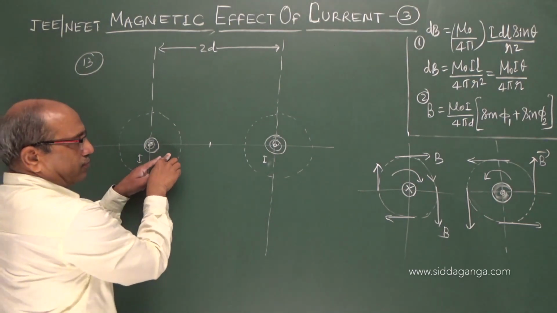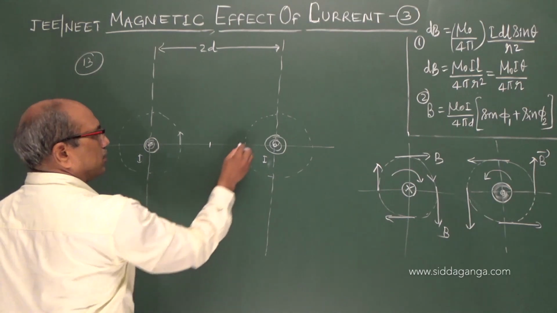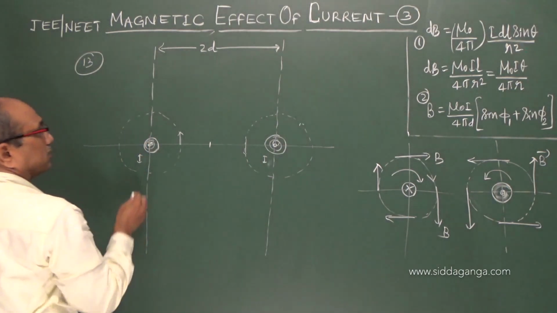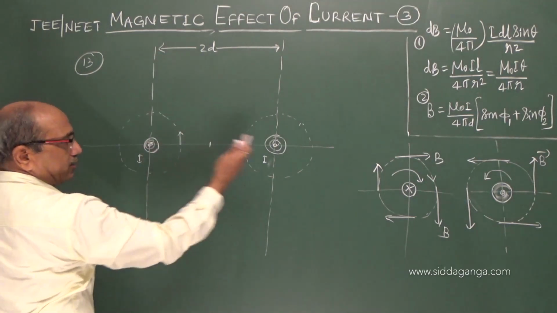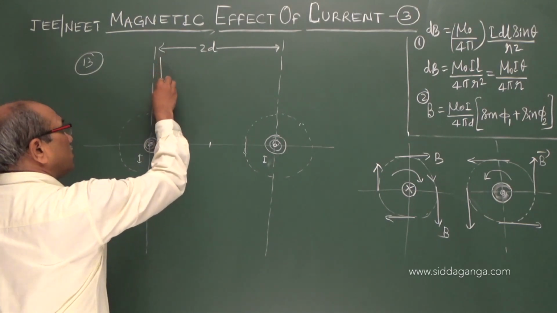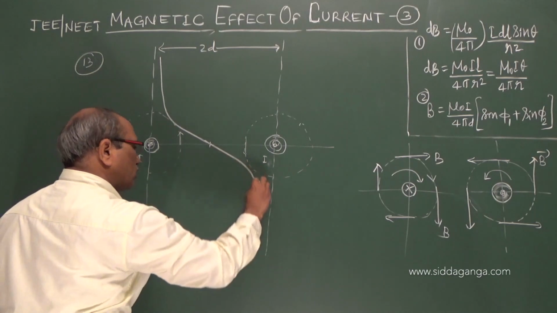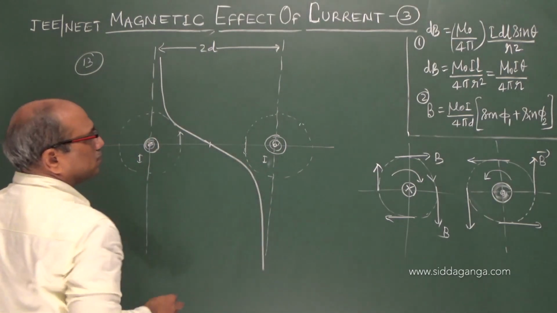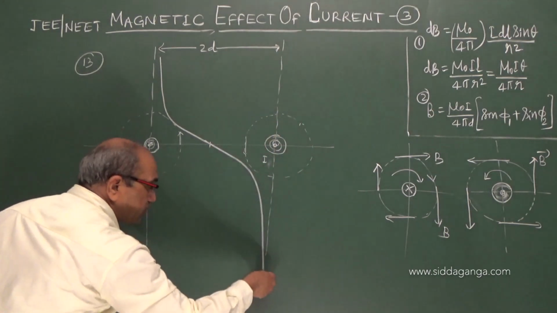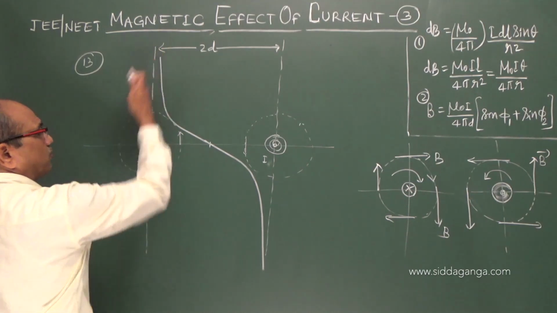If you see, the field is anti-clockwise, so here it is upward and here, being anti-clockwise, downward. That indicates the field is up, slowly decreases, at some point becomes 0 and then goes downward. The fourth quadrant is downward, but the first quadrant is upward.